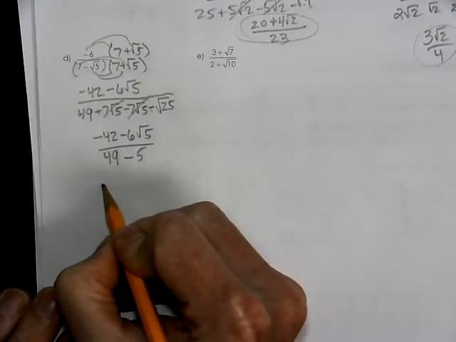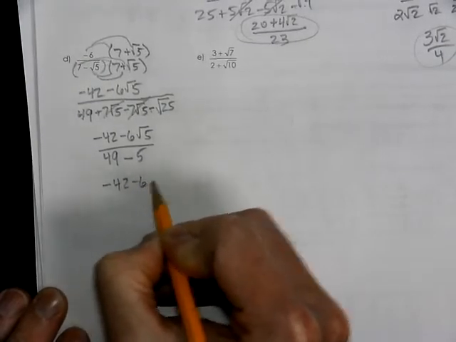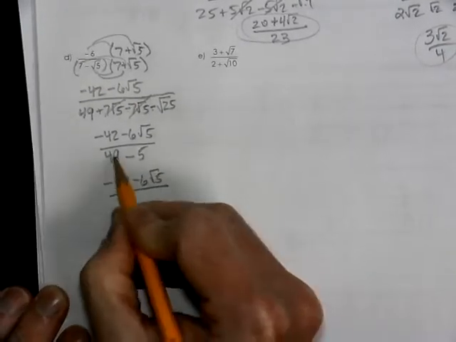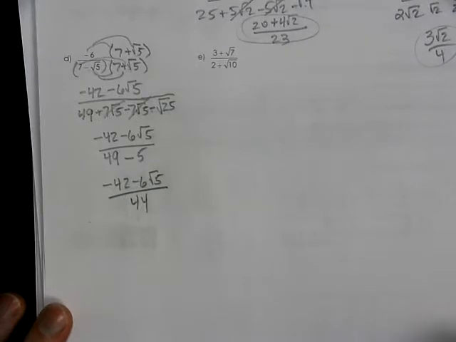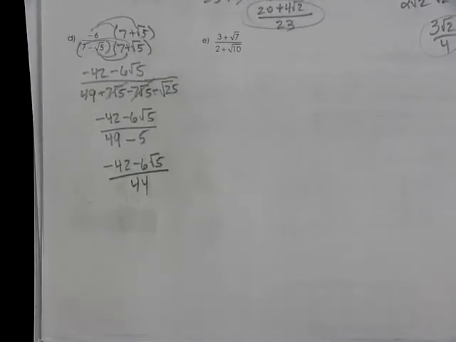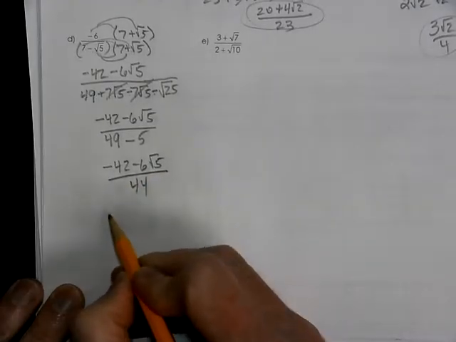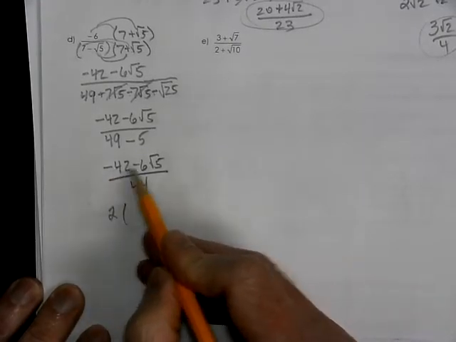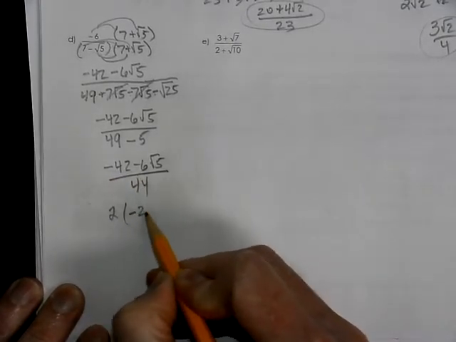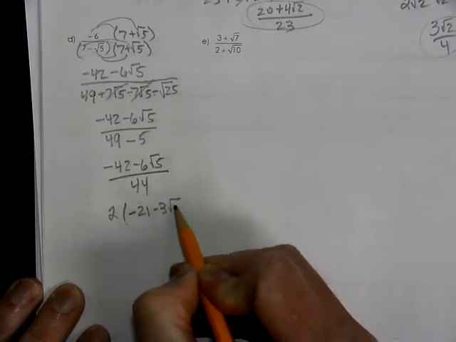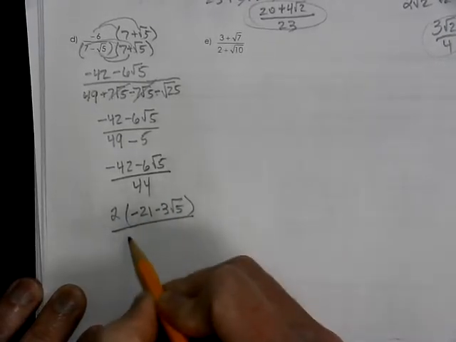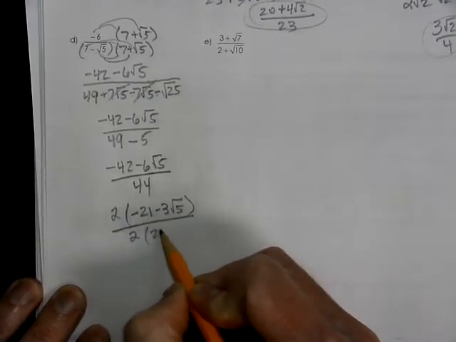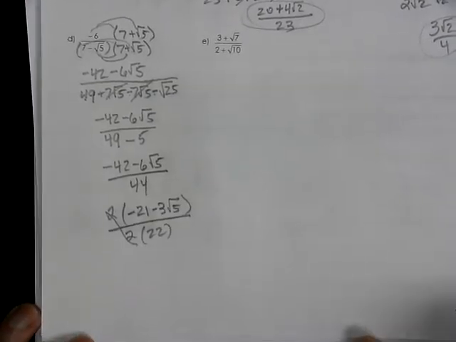So that gives us negative 42 minus 6 root 5 over 44. Do you recognize anything with those three numbers? They're all even. So one way to think about it is if you factor out a 2 and you factor out a 2, the 2's can reduce.